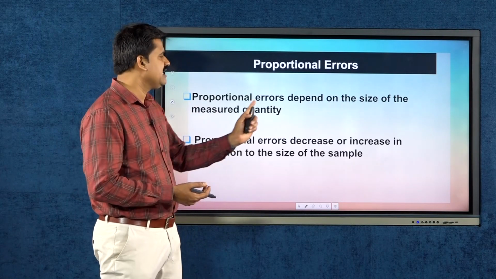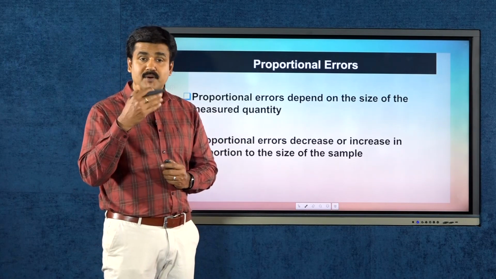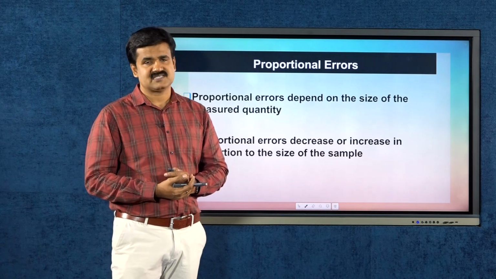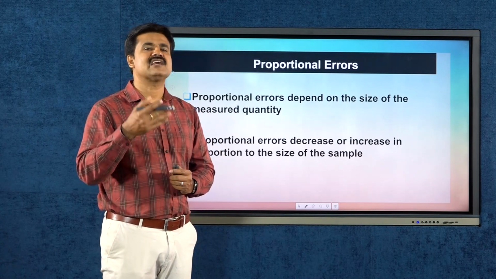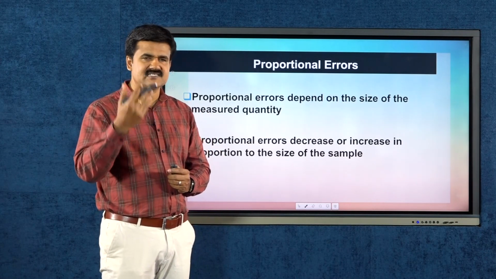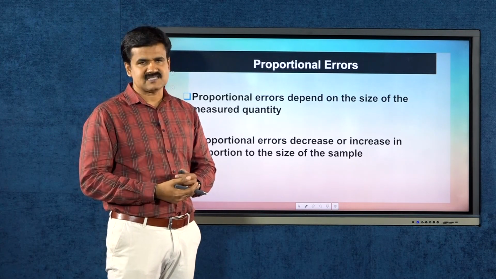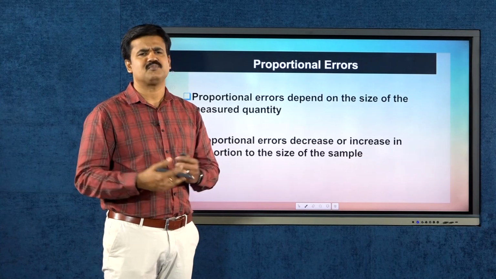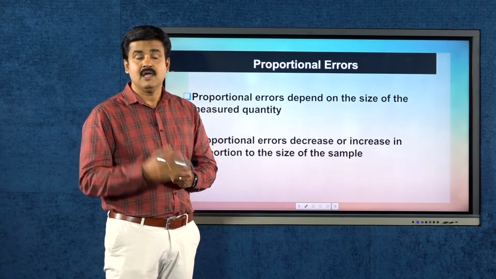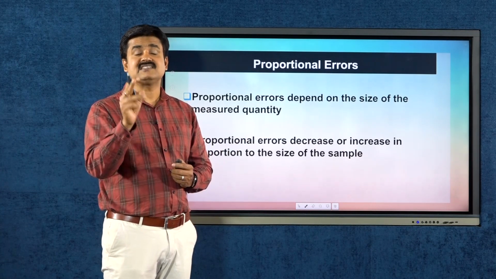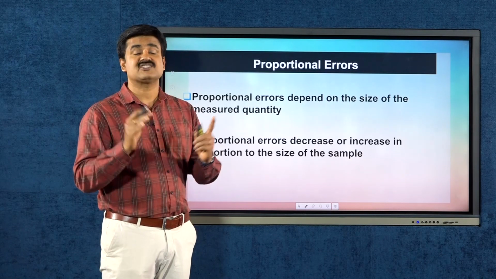Proportional errors decrease or increase in proportion to the size of the sample. Sometimes proportional error may increase with an increase in the size of the sample, or it may decrease with an increase in size of the sample. Inverse or direct relation is possible for proportional error, but remember, the previously studied constant error has no connection with the sample size.